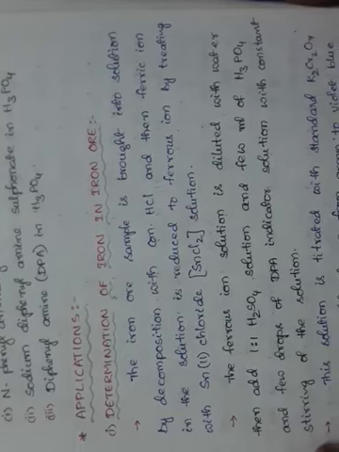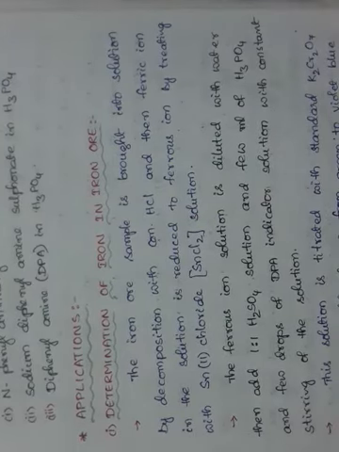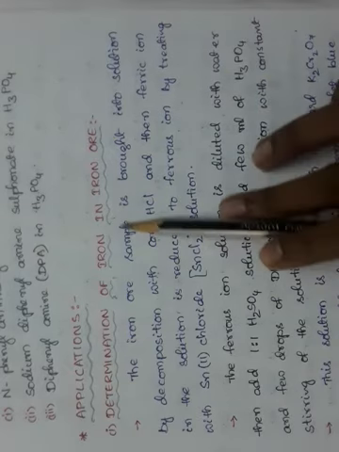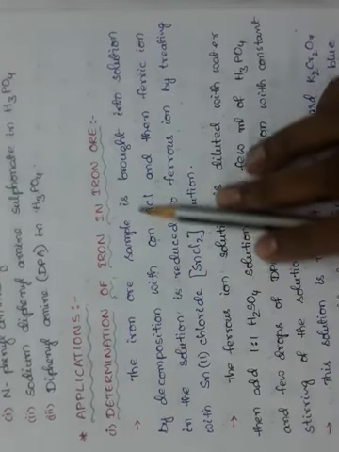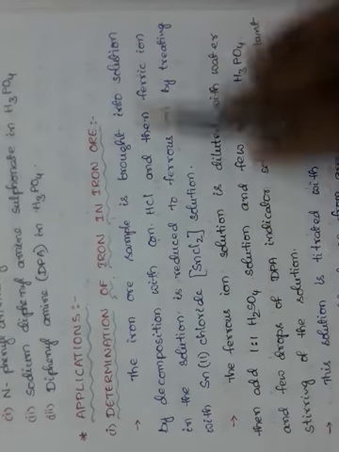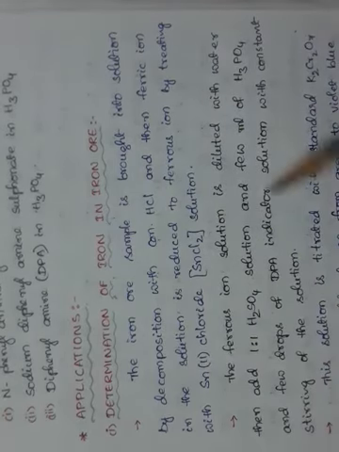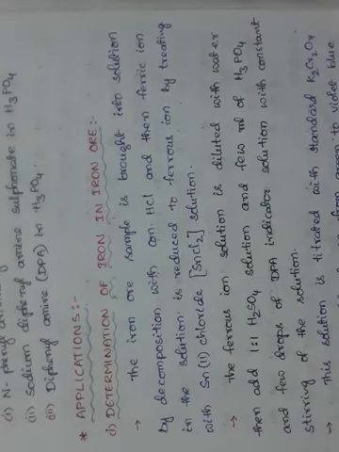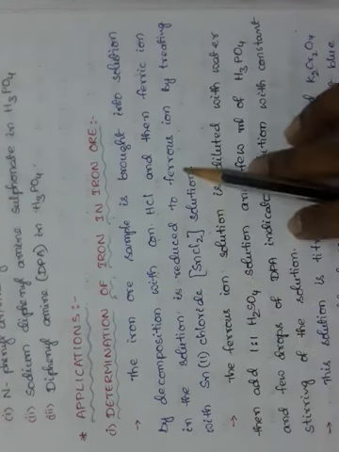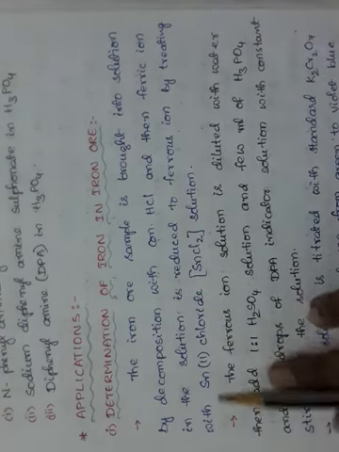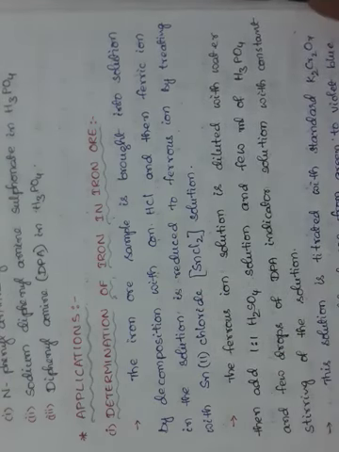Okay. Next, what are the applications of this potassium dichromate? Well known application, that is determination of iron in iron ore. So the iron ore sample is brought into solution by decomposition with concentrated HCl. Generally iron ore దేనిలో dissolve చేస్తాం, concentrated HCl లో dissolve చేస్తాం. Then ferric ion in the solution is reduced to ferrous ion by treating with stannous chloride solution. Okay.